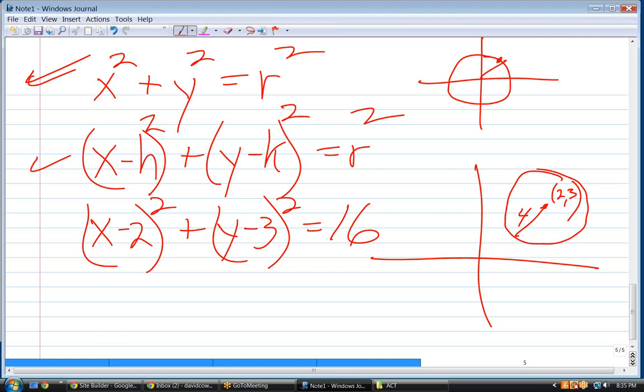In other words, when I had a radius of 2, and my equation was x squared plus y squared equals 4, no matter where I'm at on that circle, if I'm at this point right there, what is that point? That point is 2, 0, right? That means I should be able to plug in 2 for x and 0 for y, and it should still be an equation. And it is.